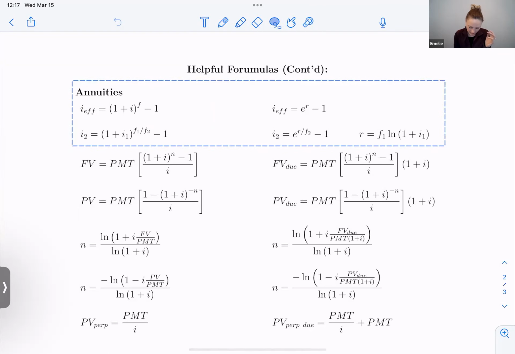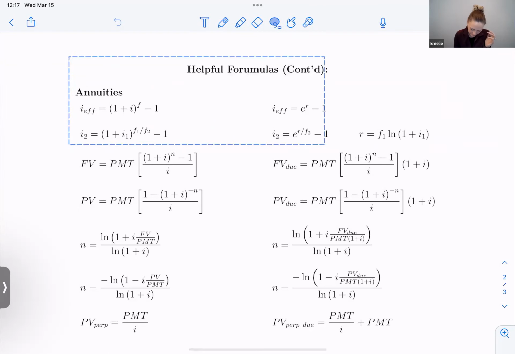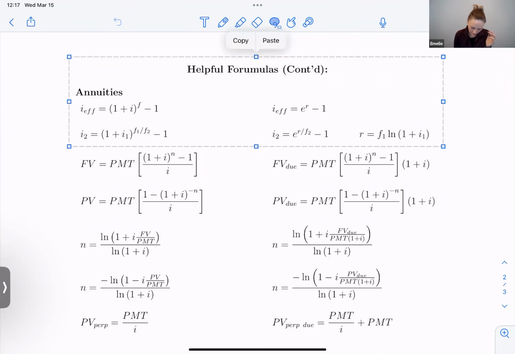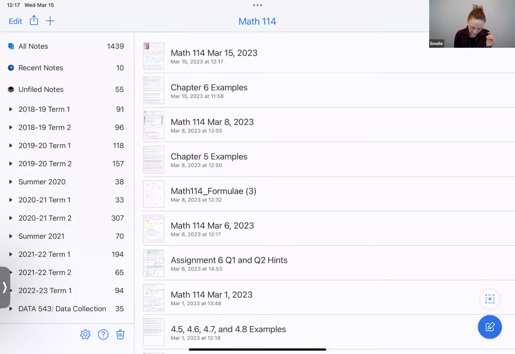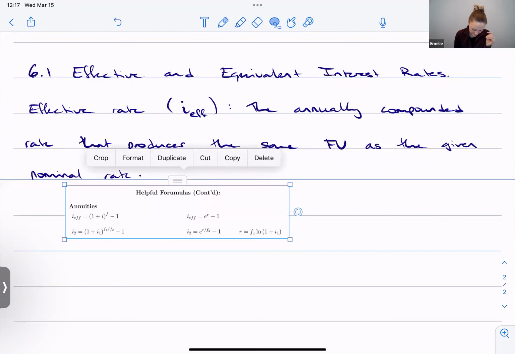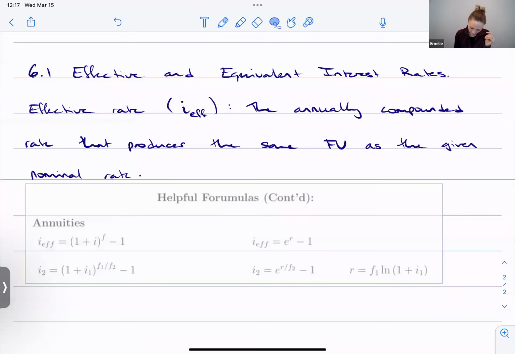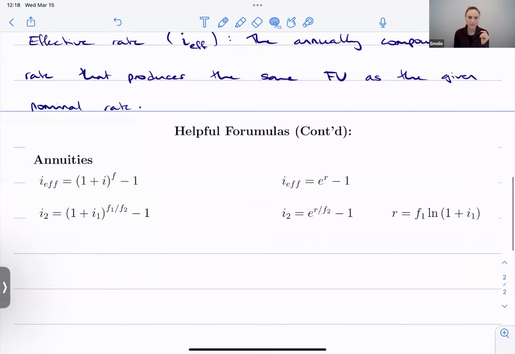I am going to grab, maybe here, copy. So the first 2 lines just have some calculations that we need to be very comfortable with in switching between different compounding rates, right?